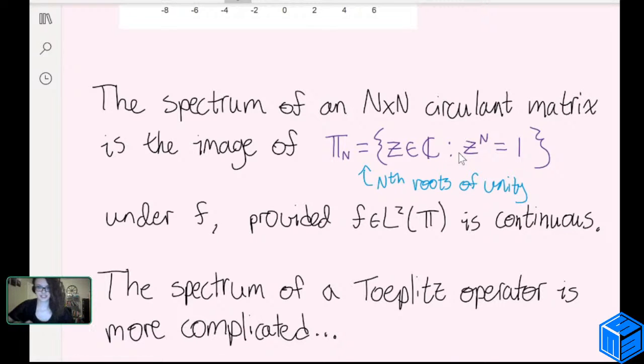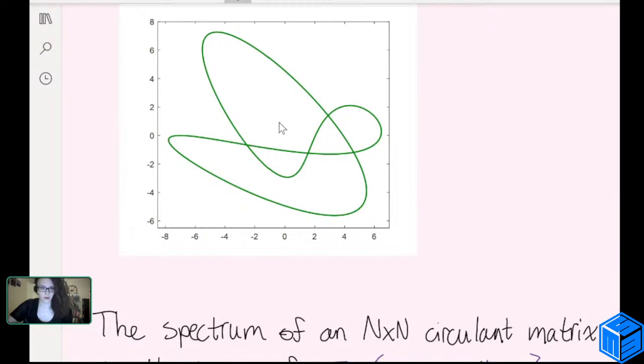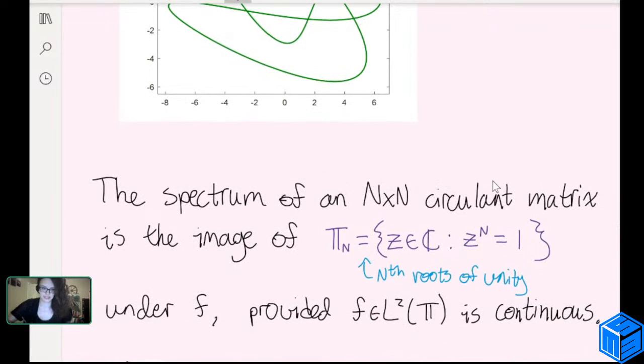So if we consider now a circulant matrix instead of a Laurent operator, remember this curve is the spectrum of the Laurent operator. All of its eigenvalues are wherever it's green. If we have a circulant matrix instead, rather than the spectrum being the image of the circle, it's going to be the image of the nth roots of unity.